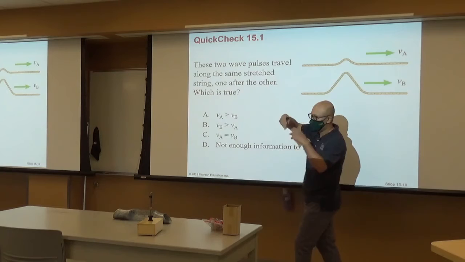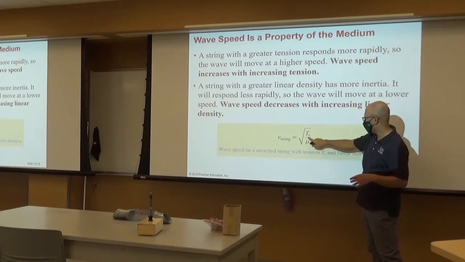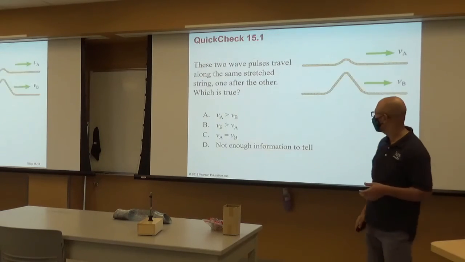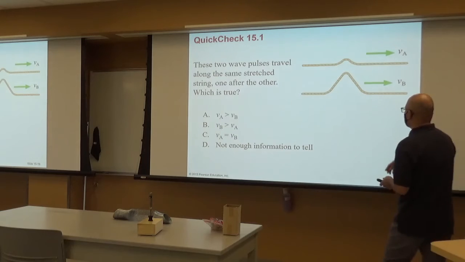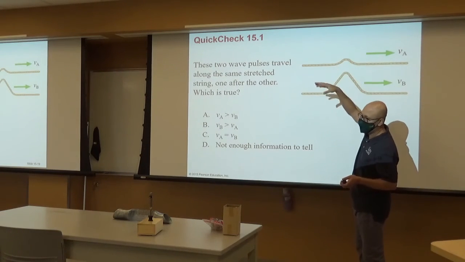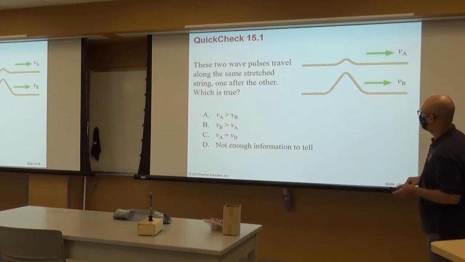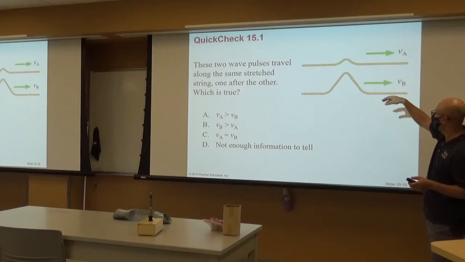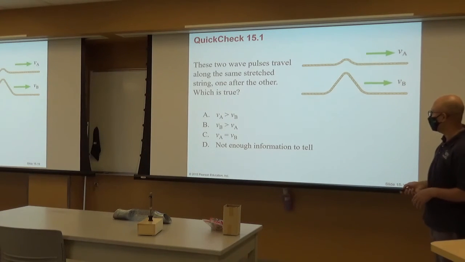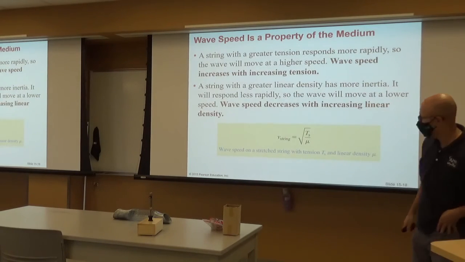Same stretch means same tension, and the thickness is also the same. So both are the same for both strings, so v would also be the same. Again, like I said before, the shape of the wave doesn't matter. The shape of the medium doesn't affect the speed of the wave. Only these two things affect the speed of the wave.